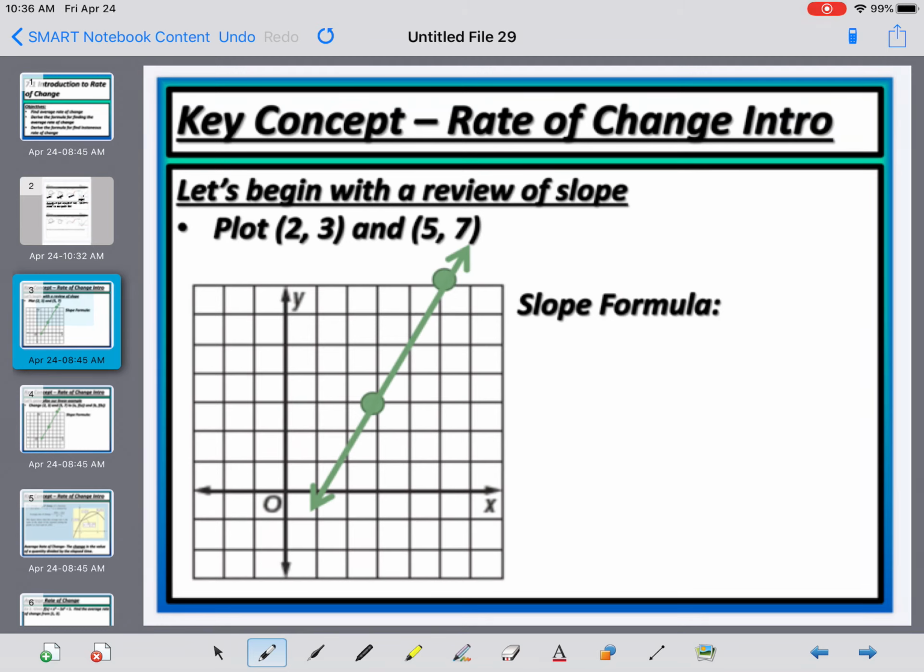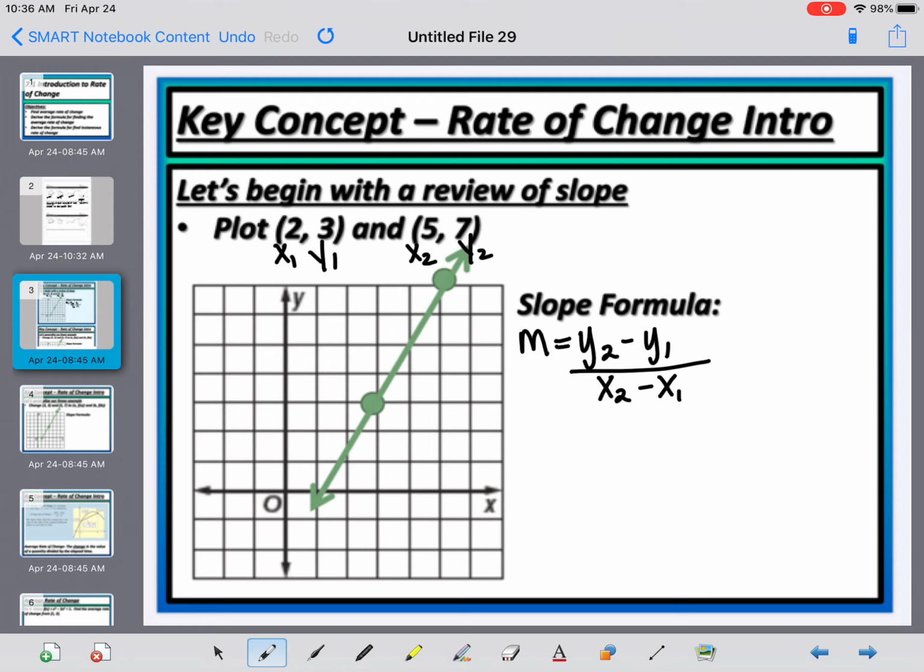All right, so to start here, we're first going to talk about the very simple concept of slope. We know what the formula for slope is: y2 minus y1 over x2 minus x1. We're being given this diagram here, and they're also telling us what our ordered pairs are.